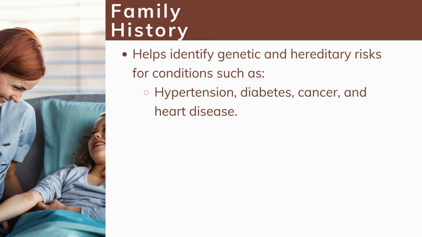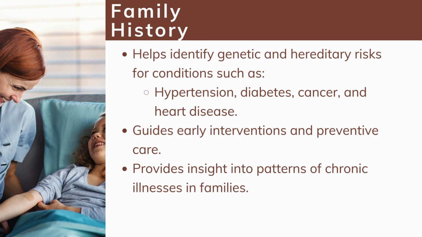This identifies inherited conditions such as dementia or mental health disorders, reveals family coping styles and support systems, and guides preventive interventions based on risk factors. If a patient's family has a history of cognitive decline, early screening for memory disorders may be recommended.